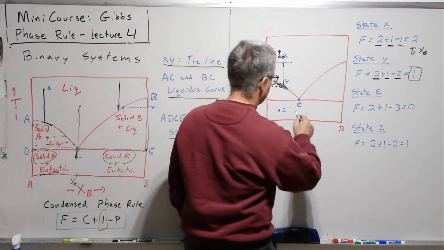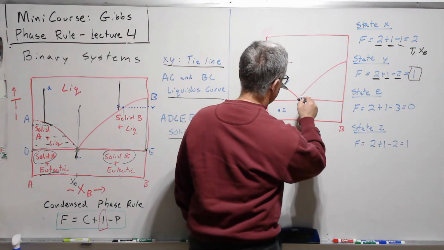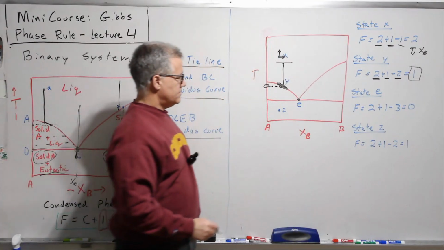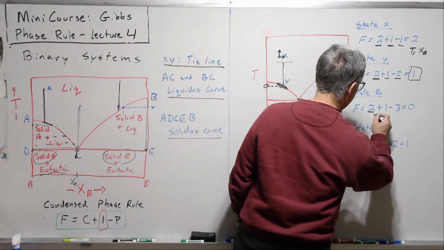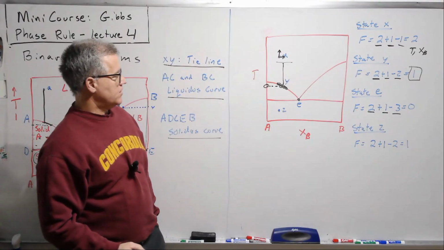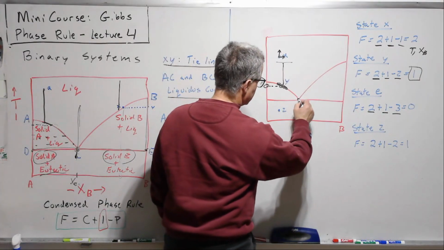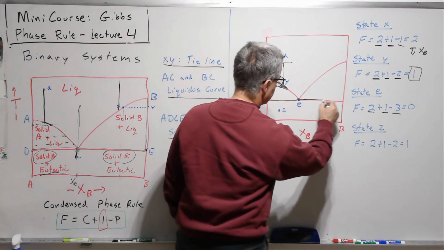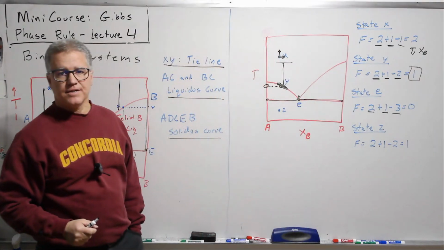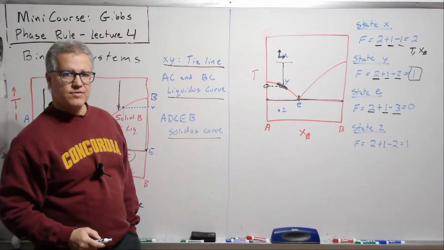Finally, let's get to point E. And at point E, we have A and B plus 1 minus 3 things in equilibrium. What are those 3 things? Well, solid A, solid B, and then the eutectic liquid. That's what's in equilibrium here.